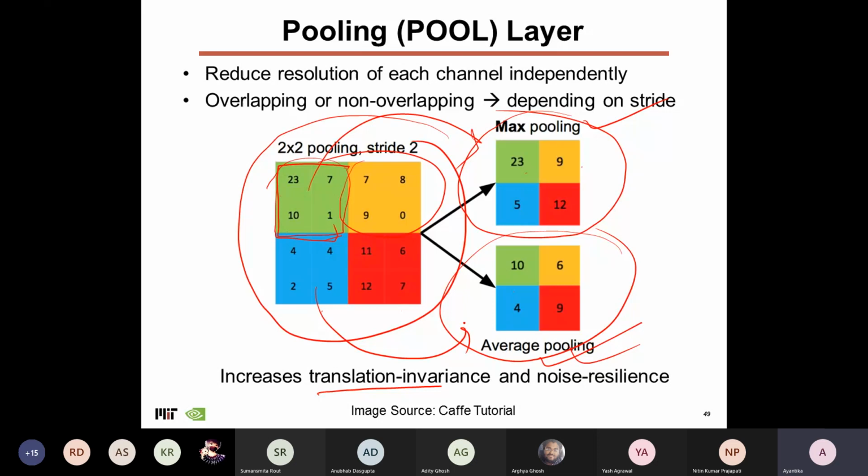That is another purpose of applying the pooling layer. And of course, one direct advantage of the pooling layer is that it reduces the dimensionality. That is quite straightforward.